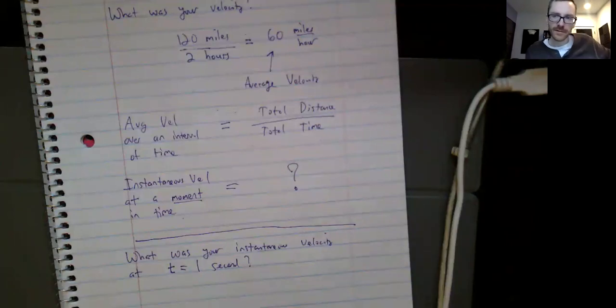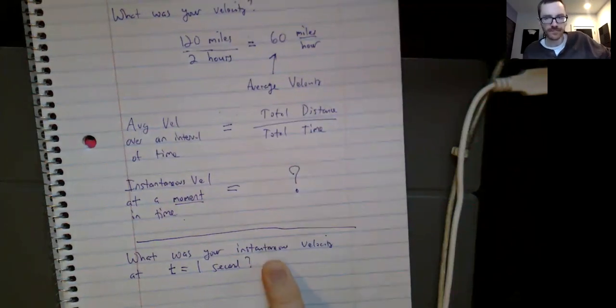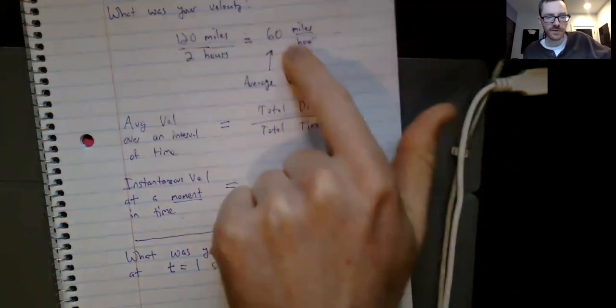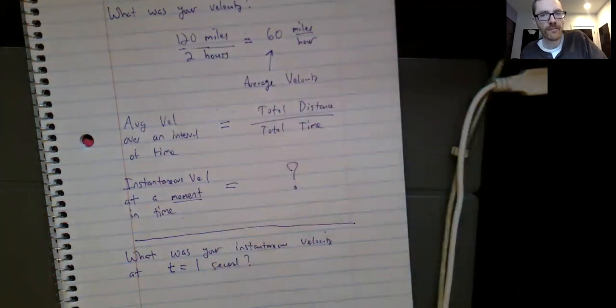So let me ask you, do you think that the answer to this question is anywhere close to 60 miles an hour? I hope not, right? Probably not. Because 1 second into your trip, you're basically leaving your parking space, right? You're going very, very slowly.